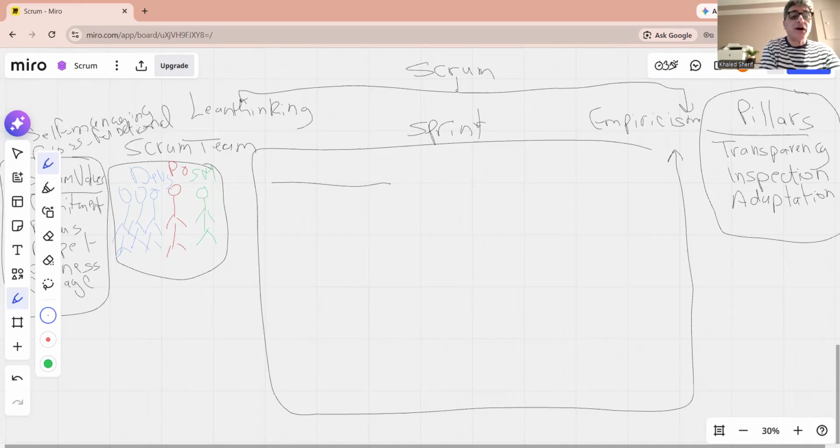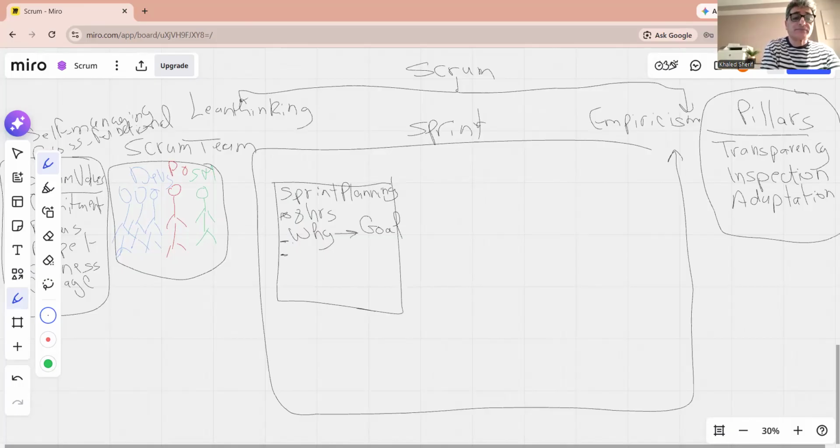A sprint is kicked off by sprint planning, which is another time-boxed event, to a maximum of 8 hours for a 1 month sprint. During sprint planning, the team answers three questions. Why, which translates to why this sprint is important, which basically means defining a sprint goal.